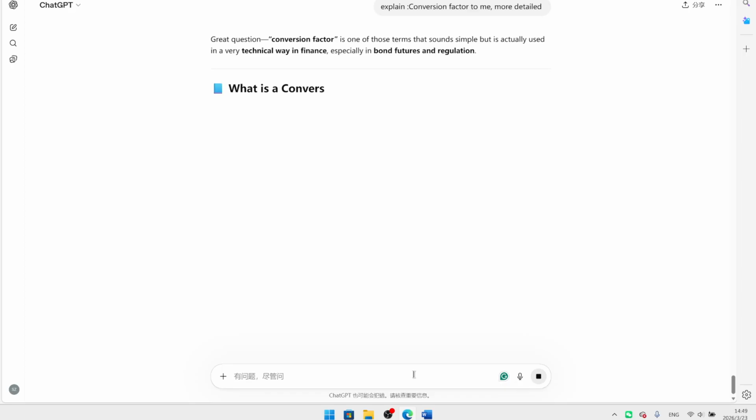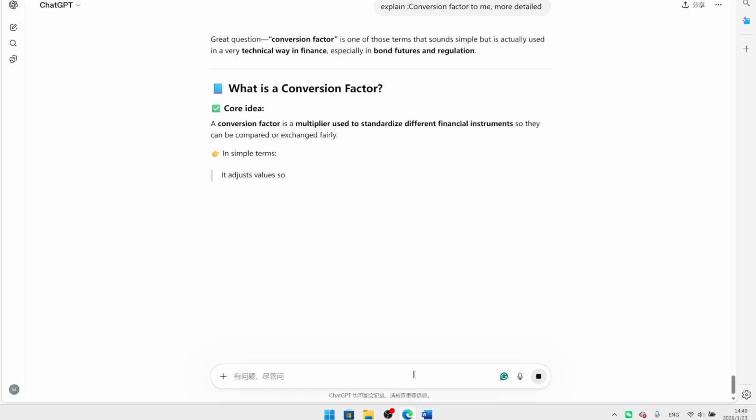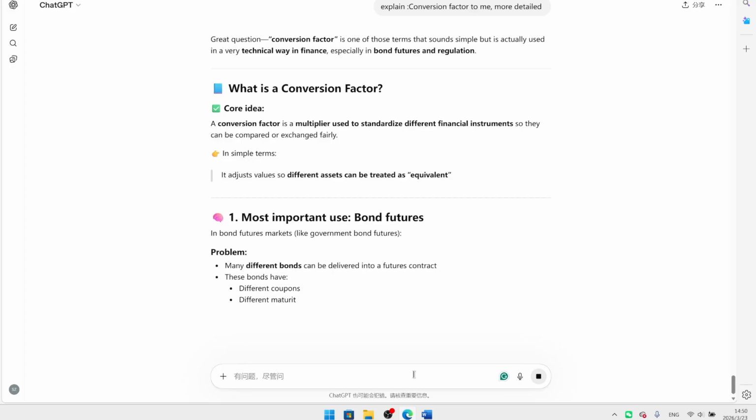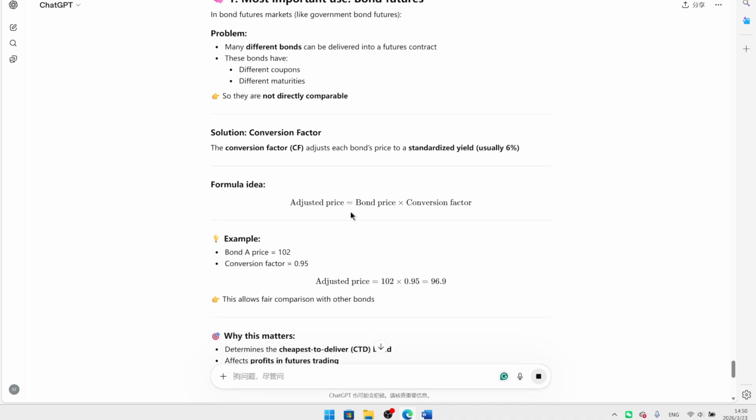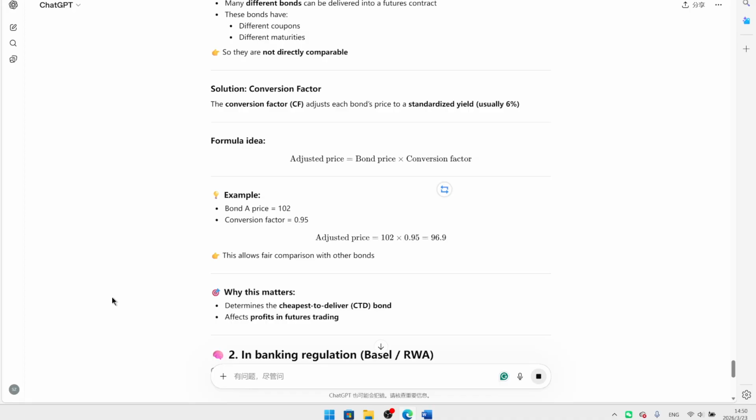Conversion factor is one of those terms that sounds complicated. Conversion factor is a multiplier to standardize different instruments. In the bond futures market, the main difference can be divided into futures contracts. Invoice price is the bond price times the conversion factor, allowing fair conversion with other bonds.